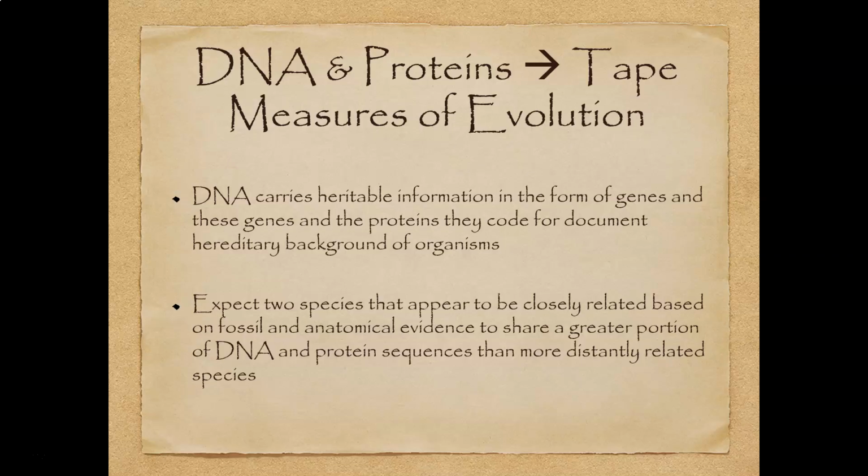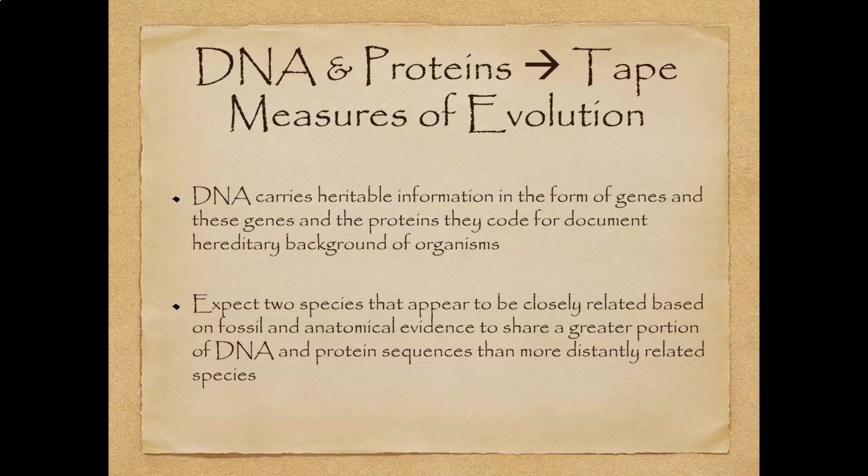If you remember back, one of the big pieces of evidence that we talk about with evolution is looking at molecular data. Because DNA carries that heritable information, those genes are really necessary. I should say the genes that are very necessary to sustain life tend to be ones that don't end up with a lot of change, and so the proteins that they produce generally don't have a lot either.